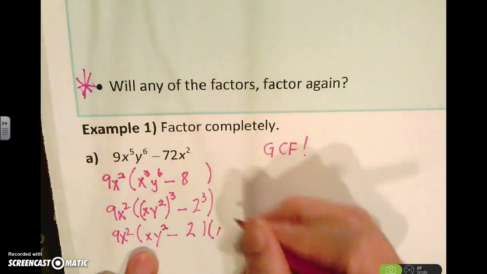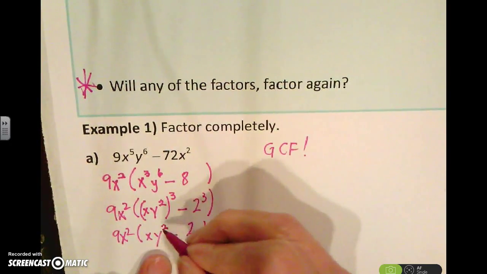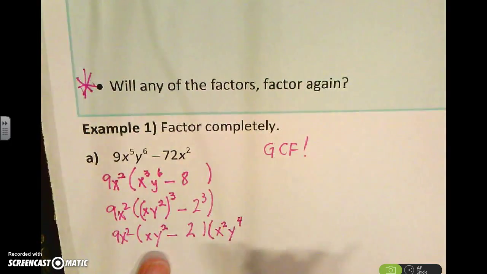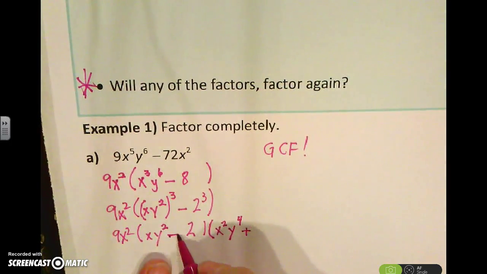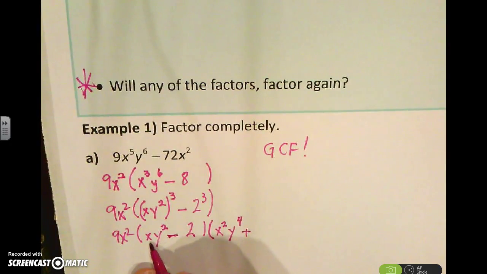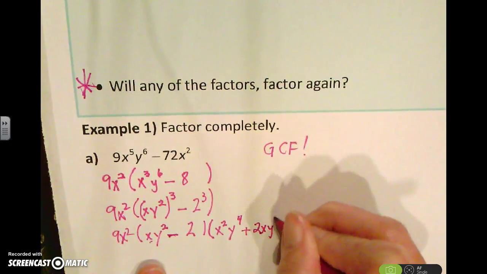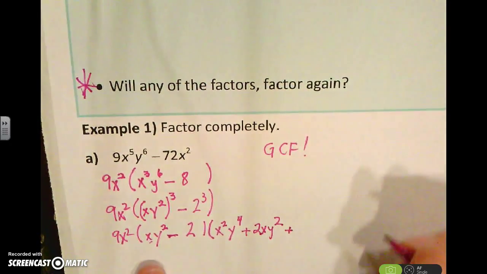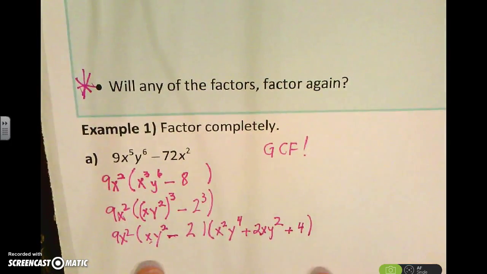So I'm going to have x squared, and then this will be y then to the fourth power. Then I'll do the opposite sign of this. This is a minus, so that's a plus. I'm going to multiply these two things together, my two terms, and get a 2xy squared. Always plus in this spot, and then 2 squared is 4.